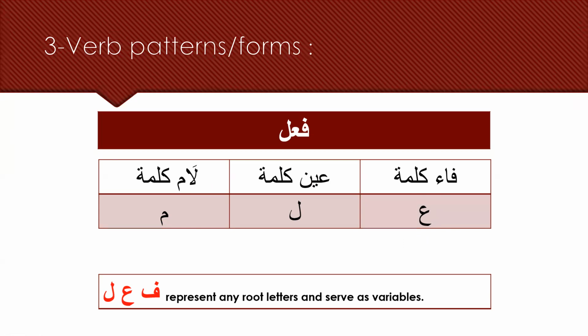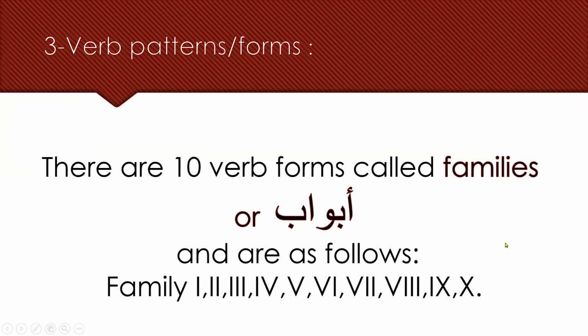Family one is a very simple family in which there are no extra letters, and we can form fi'l madi by just putting fathas on the letters, like ain with the fatha, lam with the fatha, and mim with the fatha. We can say that the word is alima from family one. So it's easy to make.